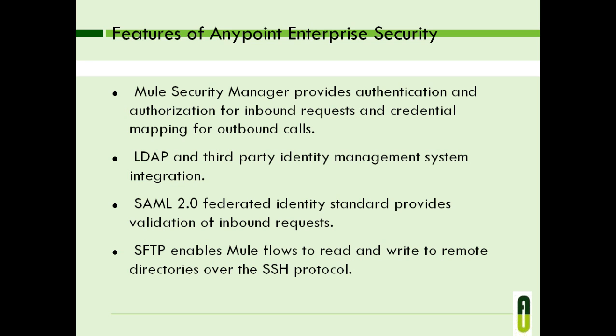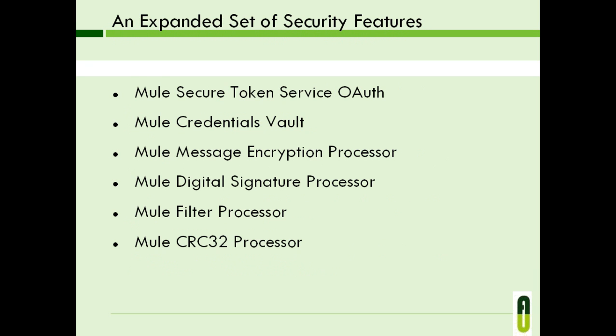Anypoint Enterprise Security offers developers a clear structured method for adding security to Mule ESB applications. Developers can easily drag and drop one or more security features into Mule flows. Anypoint Enterprise Security offers 6 tools to ensure that authorized end users have secure access to protected data.